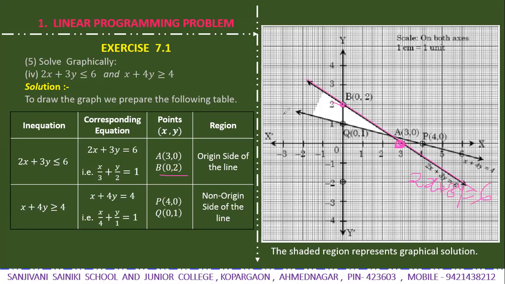Now let us decide the region. The origin side is in one region, so let us think of the origin side. Put the origin here. 2 into 0 is 0, 3 into 0 is 0, so 0 plus 0 is 0, and 0 is less than or equal to 6, which is true. So the part of the solution set is the area that lies below this line.